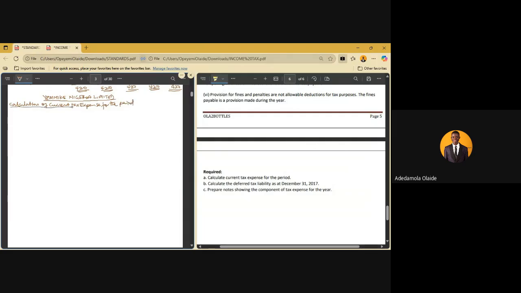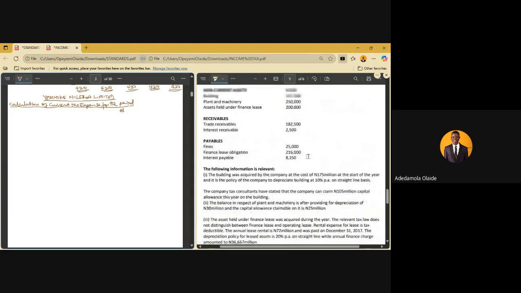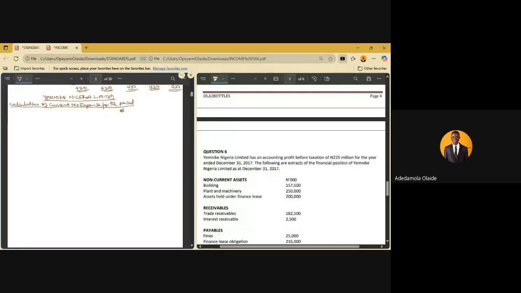So to calculate current tax expense for the period, we'll have what? Naira in thousand. So to calculate current tax, we have said that what? We do that by calculating the taxable profit.